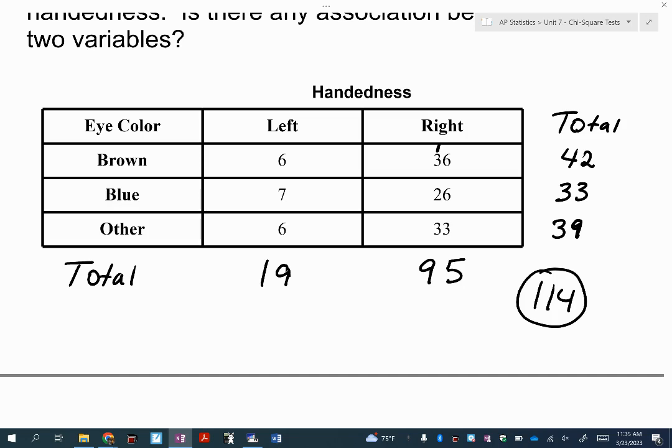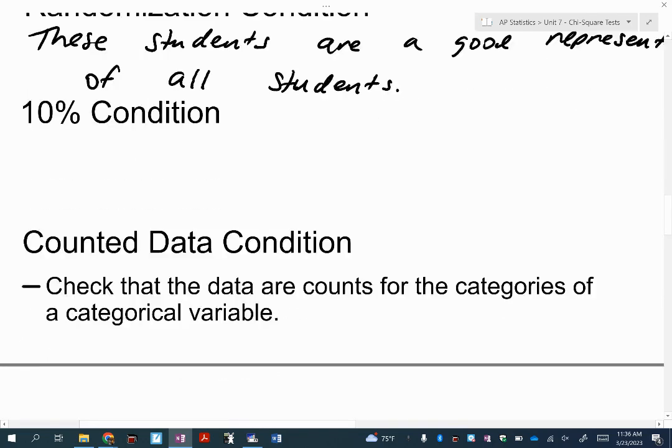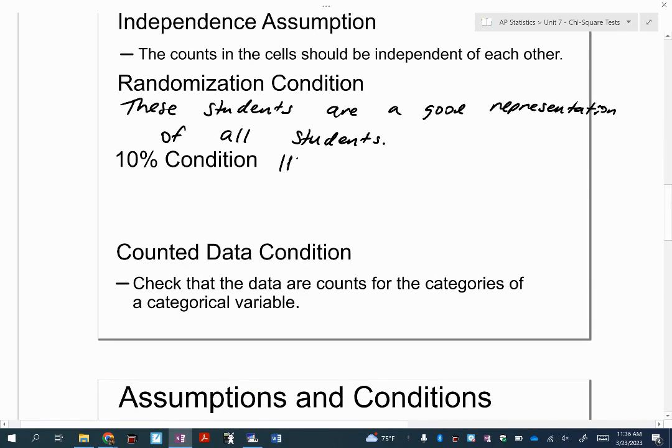Now the reason I brought that up is because what is 114 times 10? 1,140. Again, I don't know anything really about what's going on. Not a whole lot of information here, but I need my population to be more than 1,140 students.